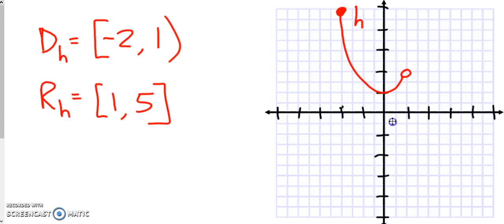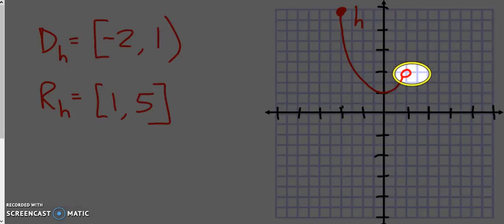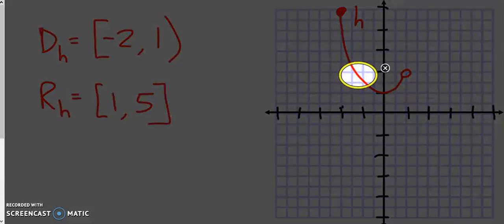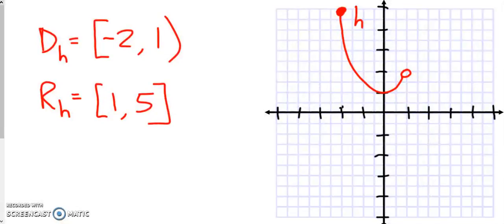Low to high. And even though this guy, let me draw this in magic pen so it'll disappear, even though this guy's open, if you notice, there's a spot where there's an output of 2, right? So this range includes everything from 1 to 5.